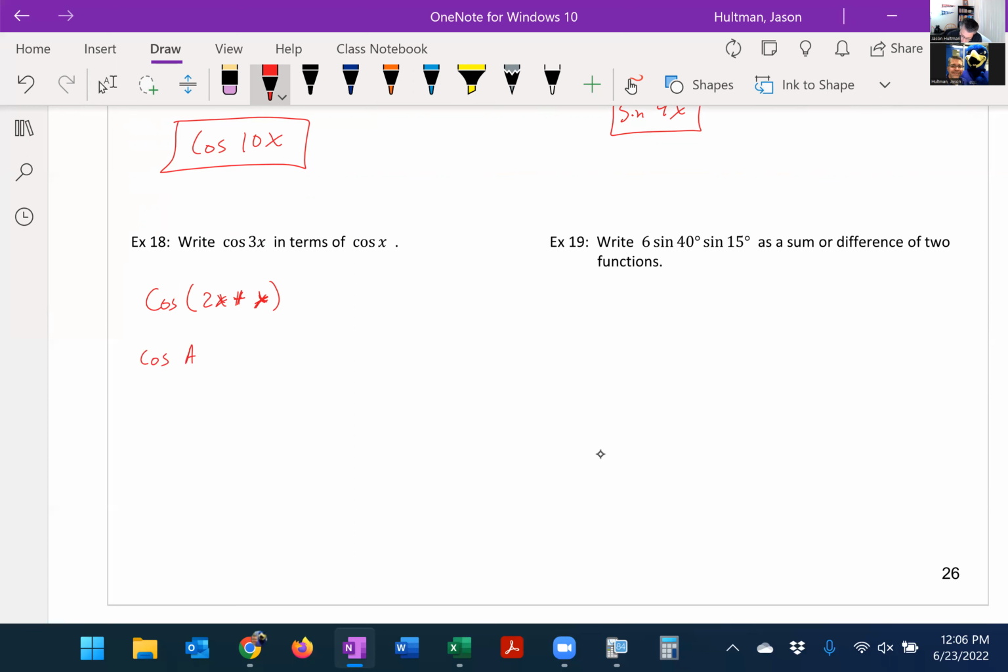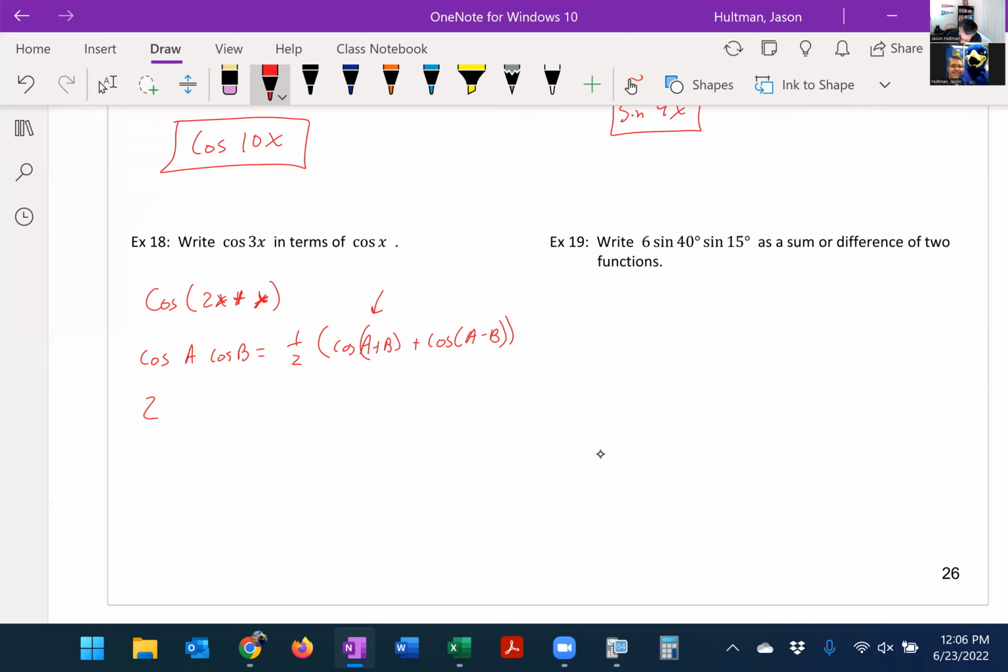Cosine of A times cosine of B is equal to 1/2 times the cosine of A plus B plus the cosine of A minus B. So let's use that product to sum formula, because this gives me a cosine A plus B there.